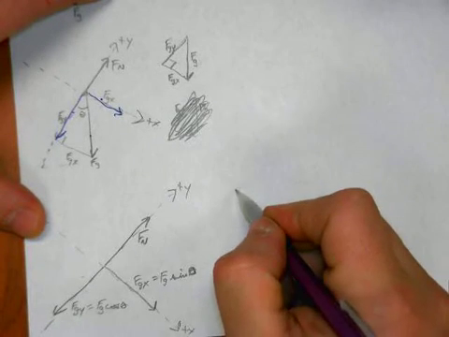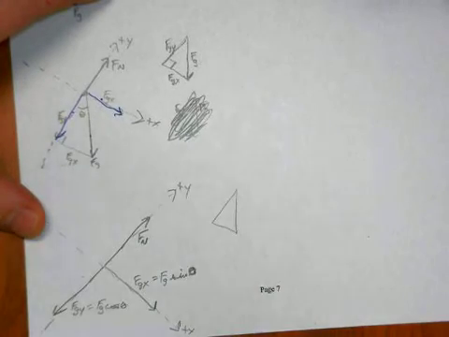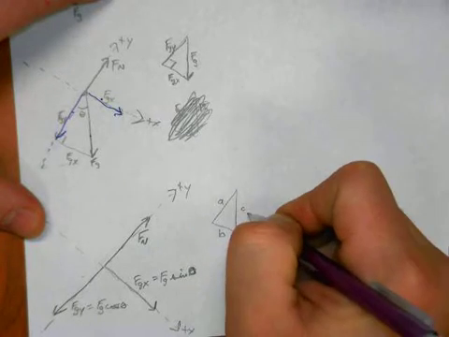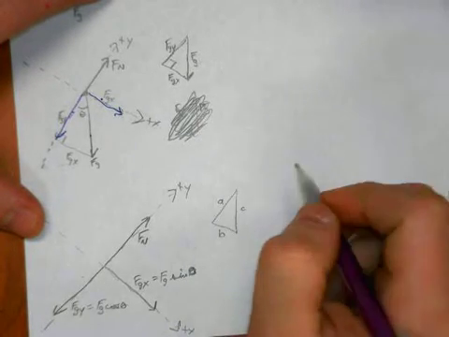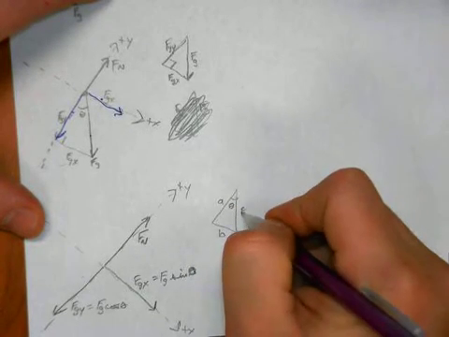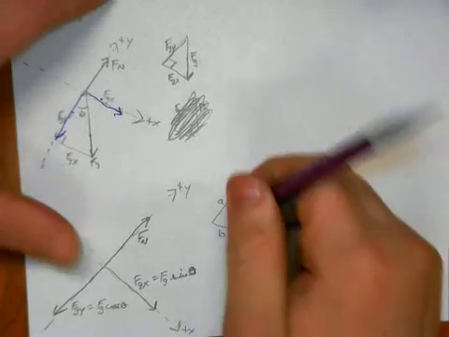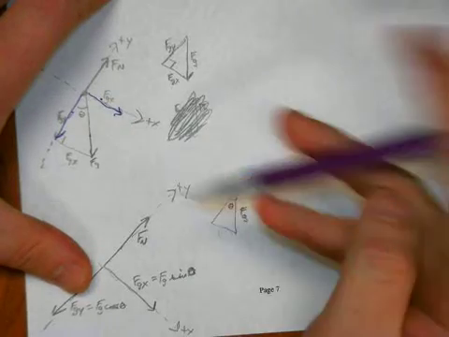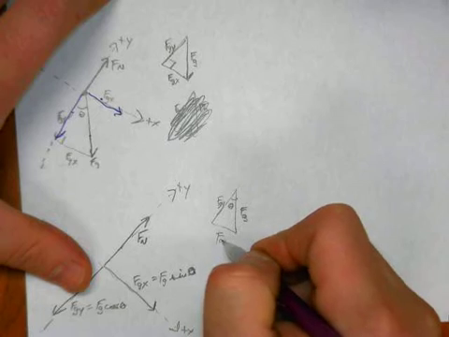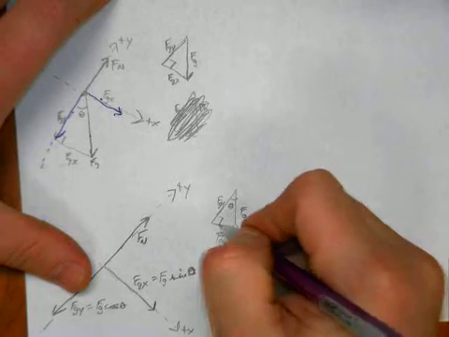Well, we have a right triangle, and we have, if you remember from before with the Pythagorean theorem, A, B, C, where C is the hypotenuse. In this case, we have the angle theta, and we're going to have FG, FGY and FGX.